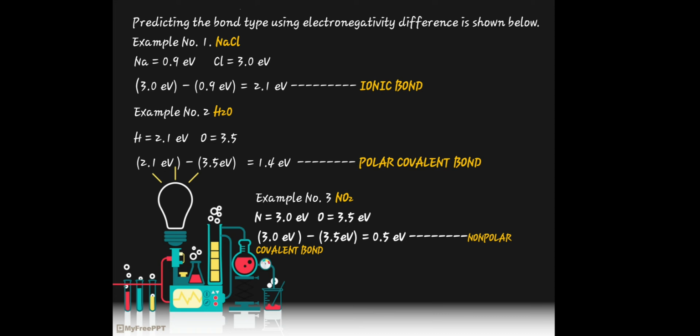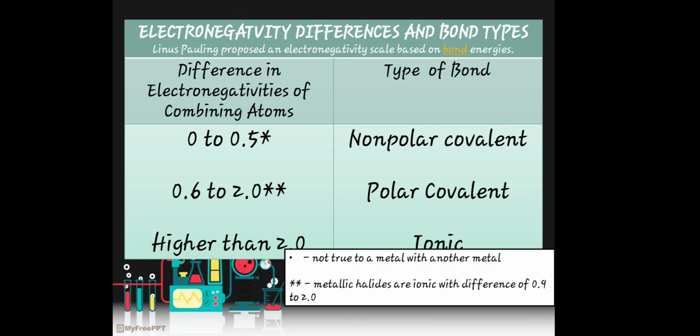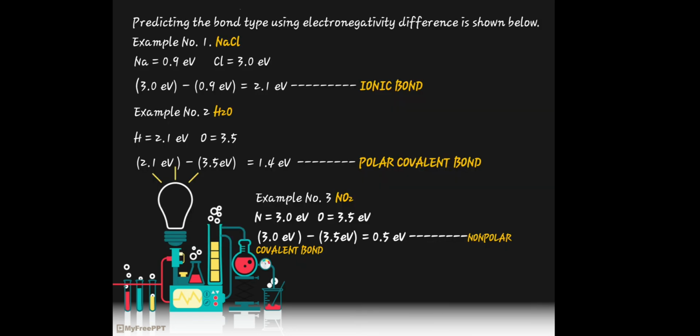You have 3.0 minus 3.5, so it is equal to 0.5 EV. So meaning to say it is a nonpolar covalent bond. Why? Nonpolar is from 0 to 0.5. So that is very easy, right? You just subtract the electronegativity of the two elements being bonded in the compound itself.